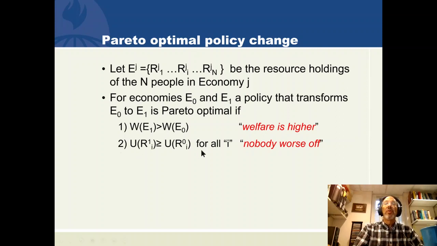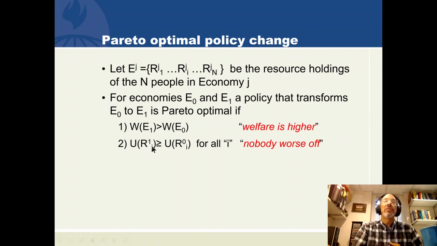Second condition for Pareto optimality is that nobody is worse off. If you take any individual, any one person, this is Joe or Bob or Harry or Mary or Susan, they have greater than or equal to utility under economy 1 than under economy 0.